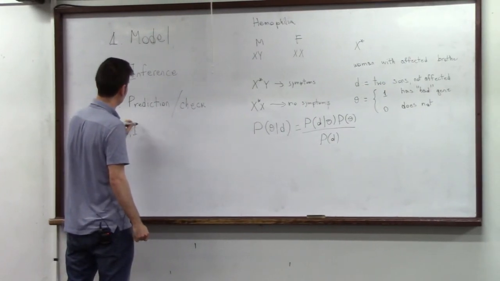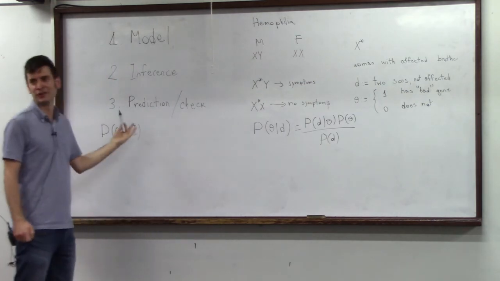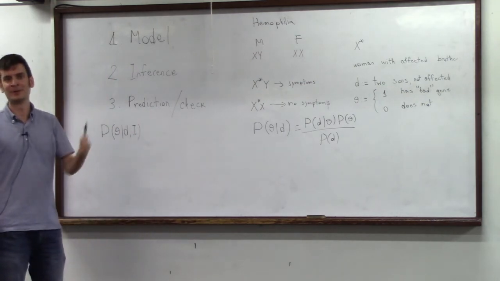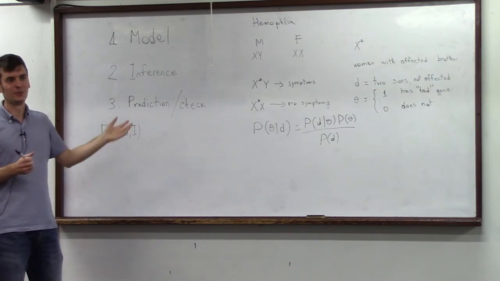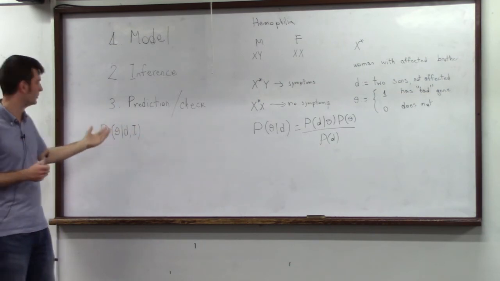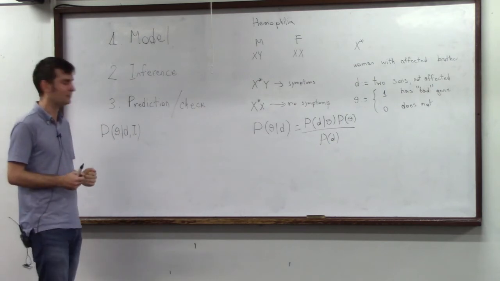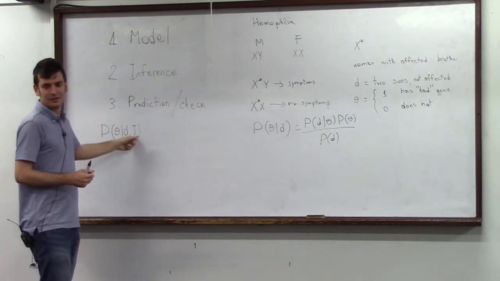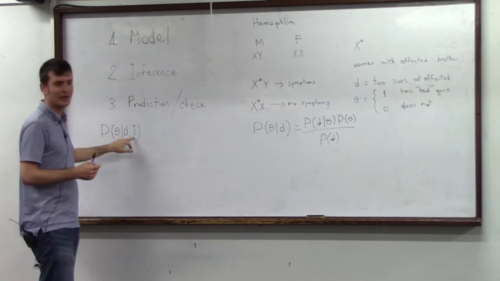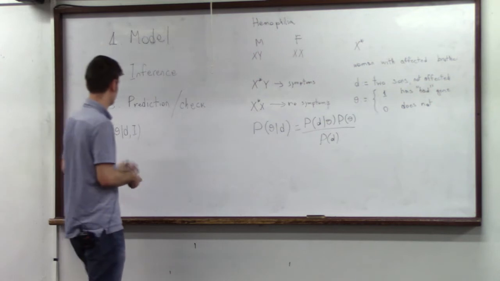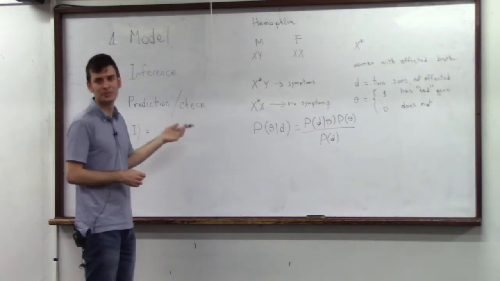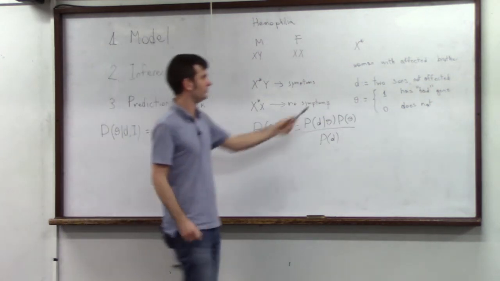So there's not only the data, but there's also an initial knowledge. When we look at a problem, experiments don't happen in a vacuum. We usually know something about the experiment before we carry out the measurement. And here I'm indicating as I the initial knowledge about the system, which for this problem would be what I wrote here.